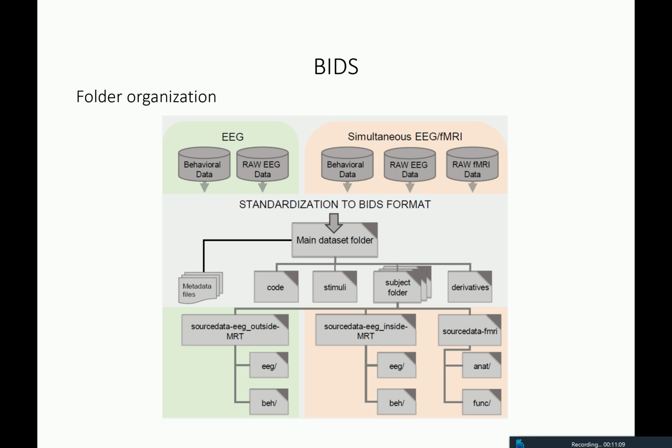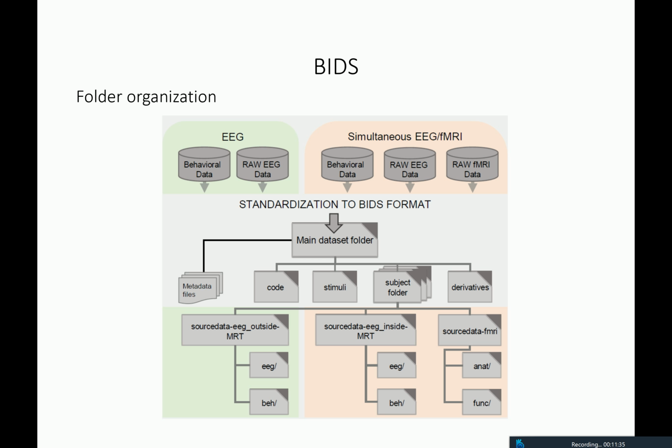We've done that for an EEG-fMRI dataset that also has quite some behavioral data with it, and the BIDS specification leaves you quite free in terms of choosing your names.